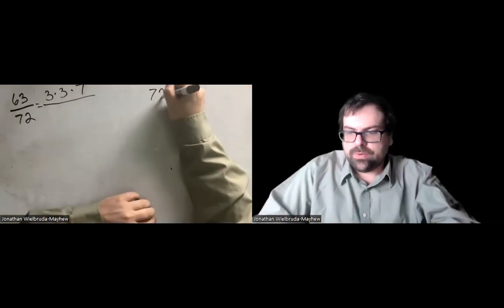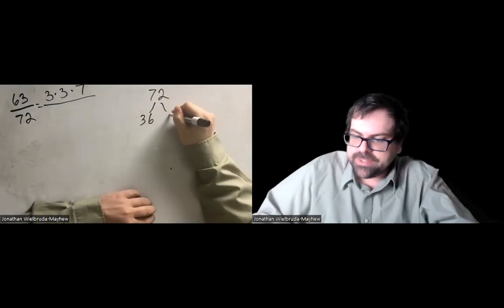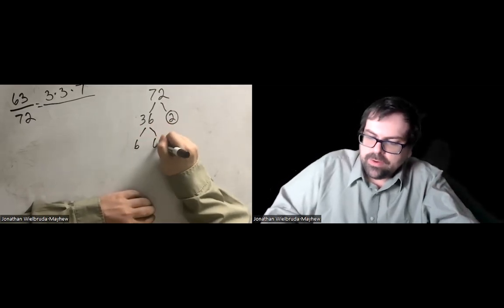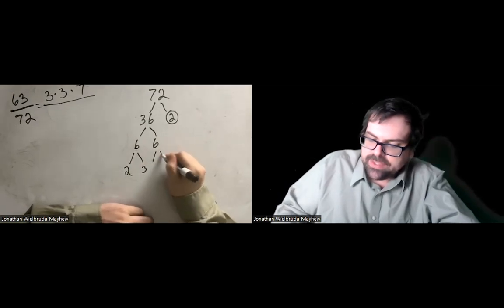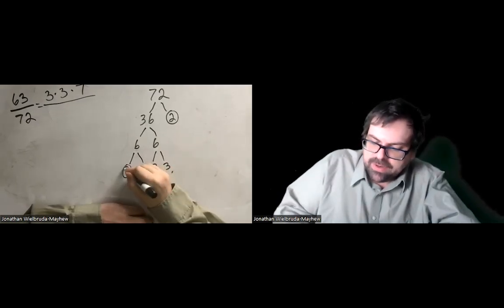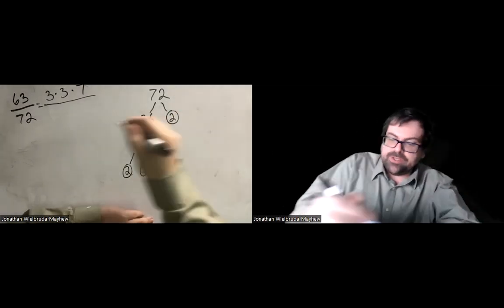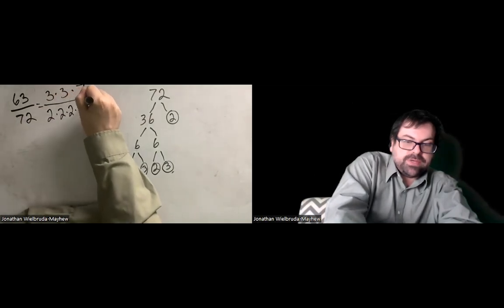72. That's 36 times 2. 2 is prime. 36 is 6 times 6. Each of the 6's is 2 times 3, which are prime numbers. So 72 is 2 times 2 times 2 times 3 times 3.